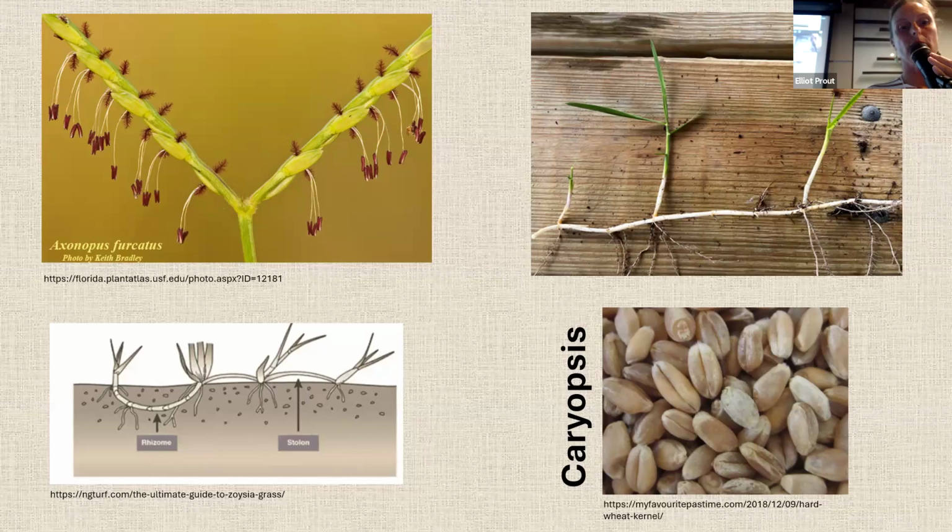These are not roots, they're lateral stems. Stolon above ground, rhizome below ground. So this photo is torpedo grass. Yay. And you can see it's a very robust rhizome there in the photo. So of course that's the below ground stem. And then the caryopsis, or grain, is the seed of the grass. So that's what's going to develop from that ovary inside the comfort of a palea and a lemma.